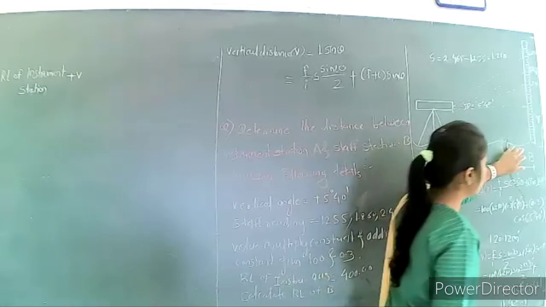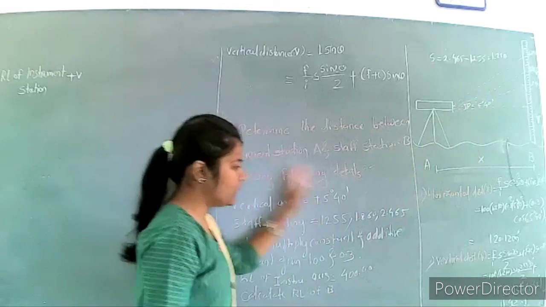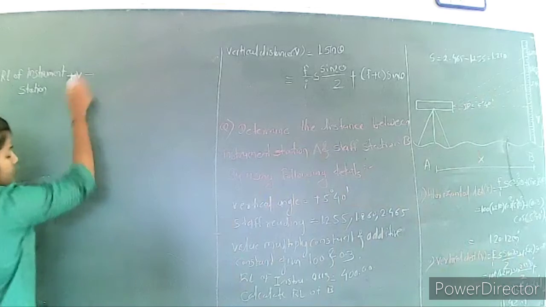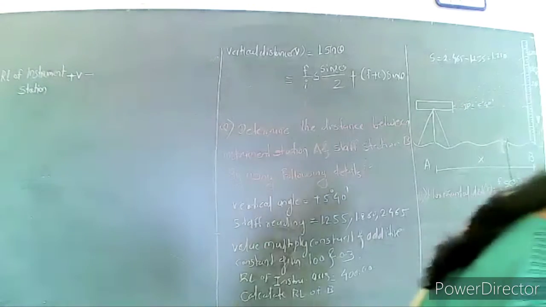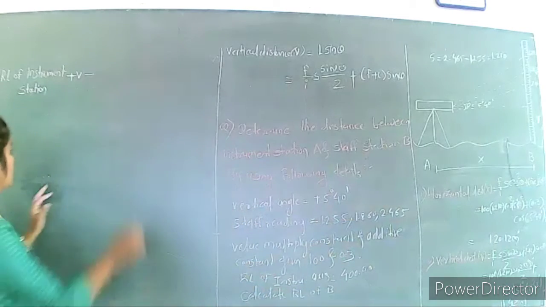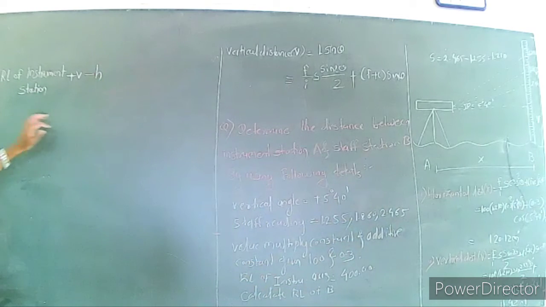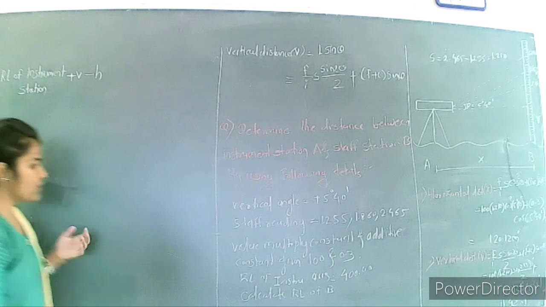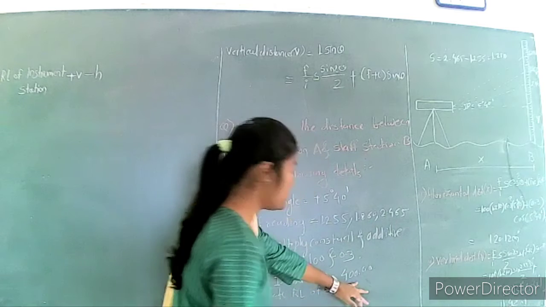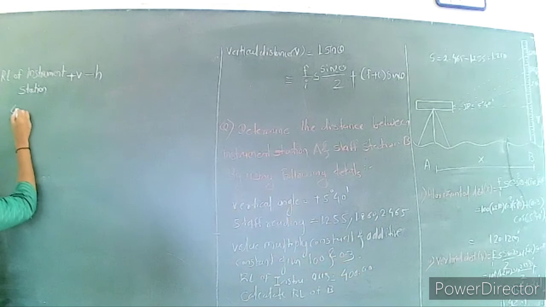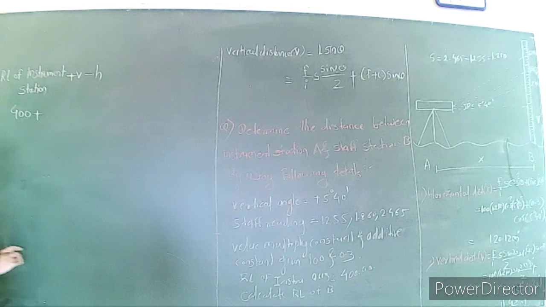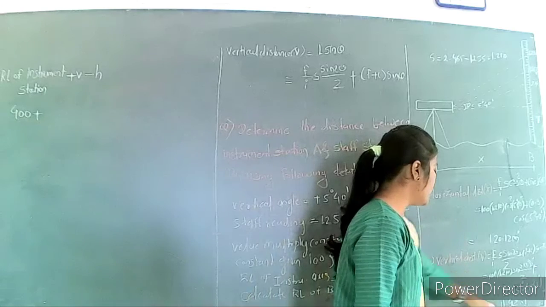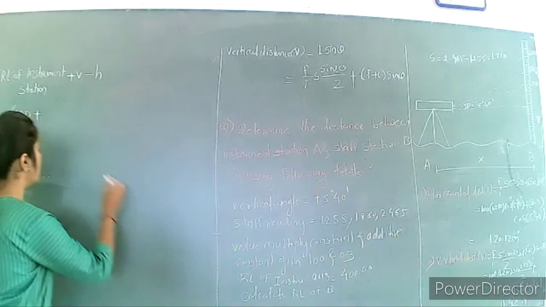Vertical distance, that is the distance between the ground level and the axial hair. We already calculated it, and it comes out 11.92, minus H. H means horizontal distance. This will also be calculated. The RL of the instrument is given in the numerical, and the given value is 400. Then V for vertical distance, we calculated in the second step, and the answer is 11.92.